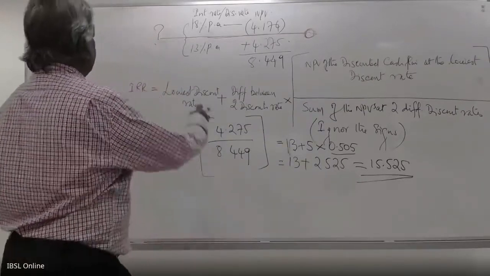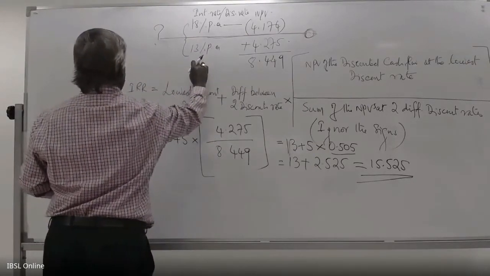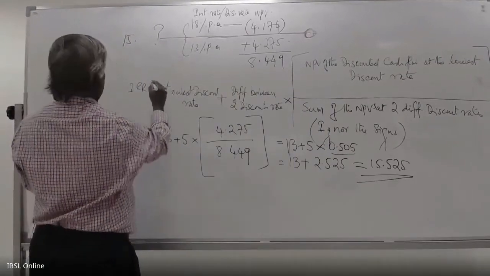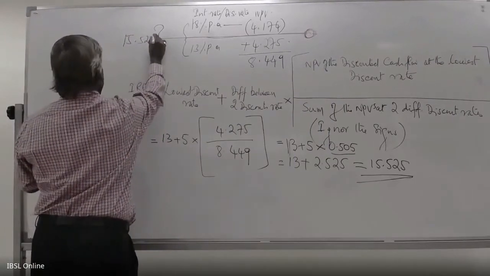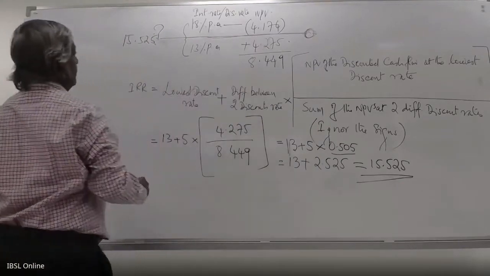So really, between 13% and 18%, it is 15.525, where the NPV is 0.